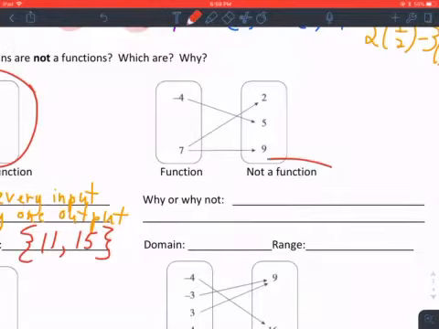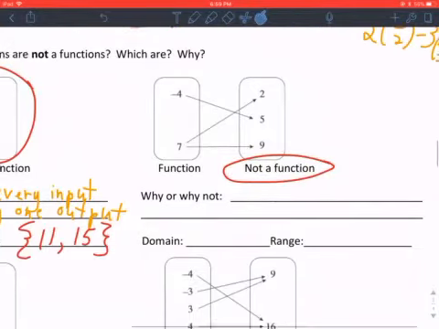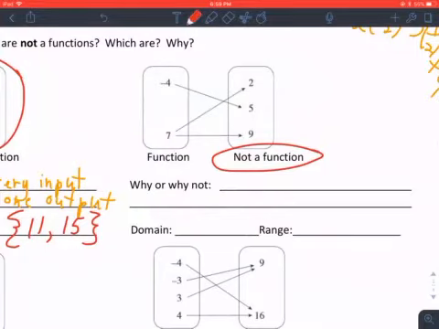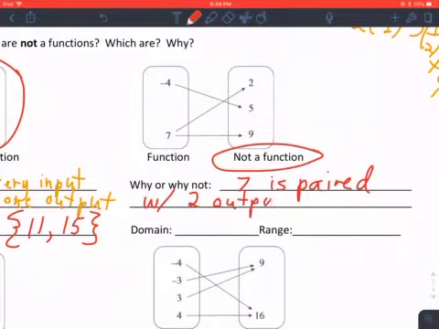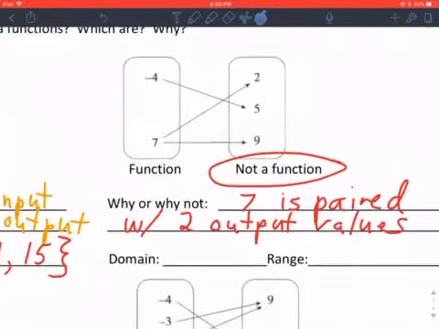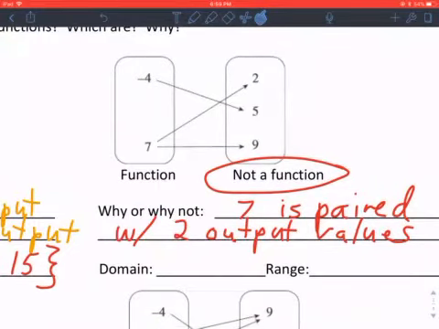It is not a function, and the reason is because 7, one of my input values, is paired with 2 output values. So your x is never allowed to be paired with 2 different numbers.